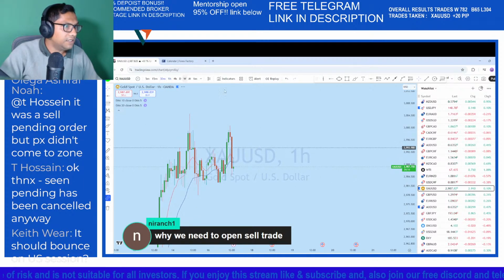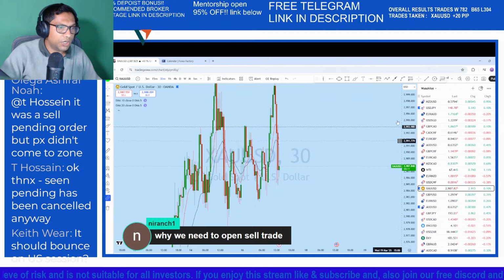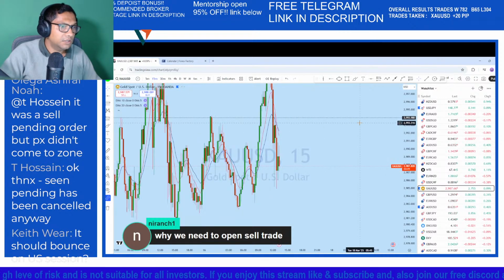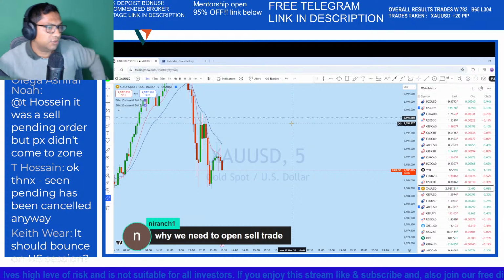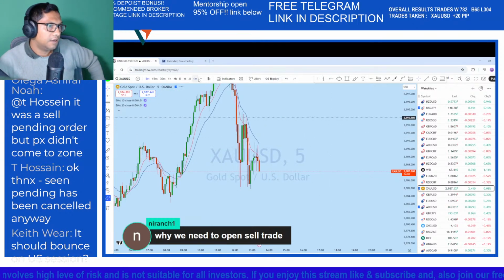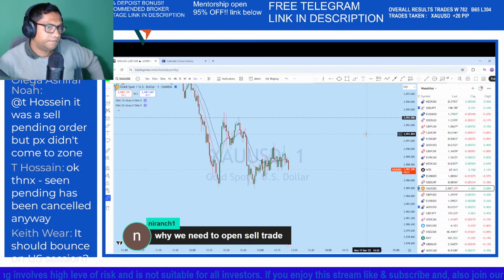Neither trending to the downside nor to the upside, which direction to go. Okay, so here we are getting a narrow candle formation.